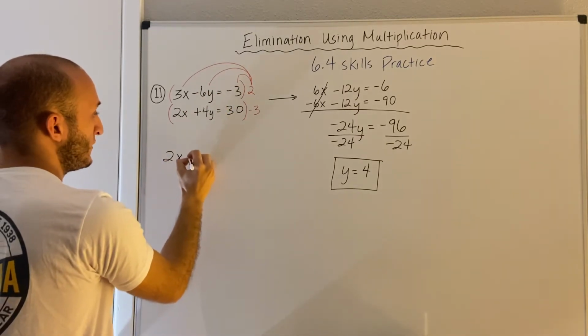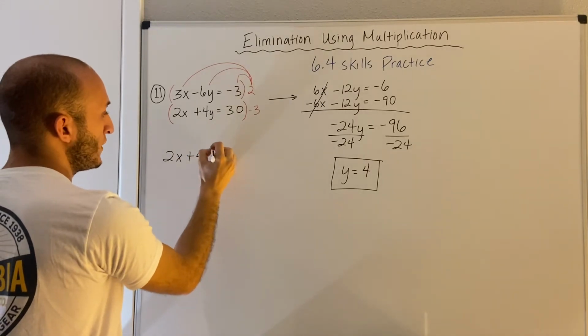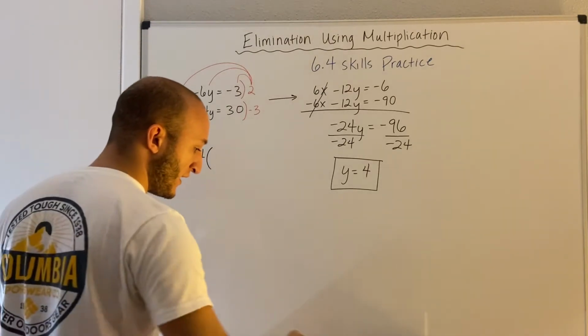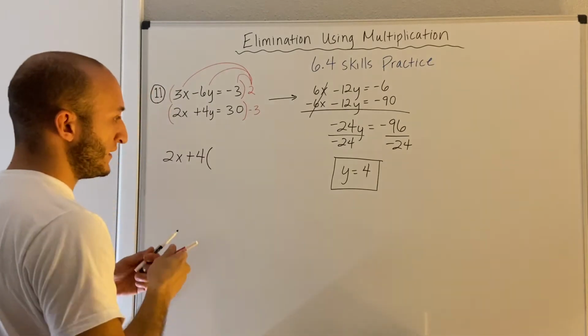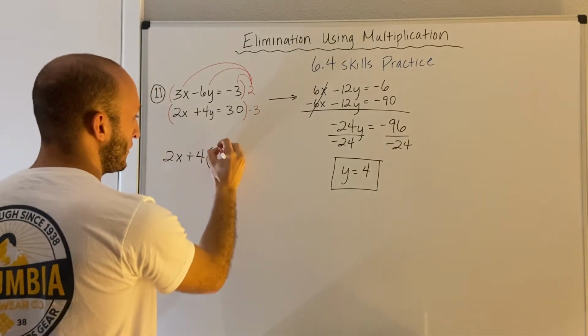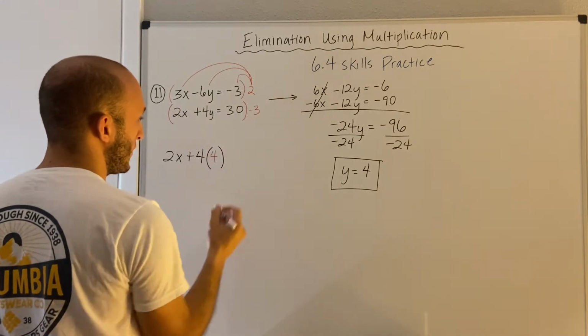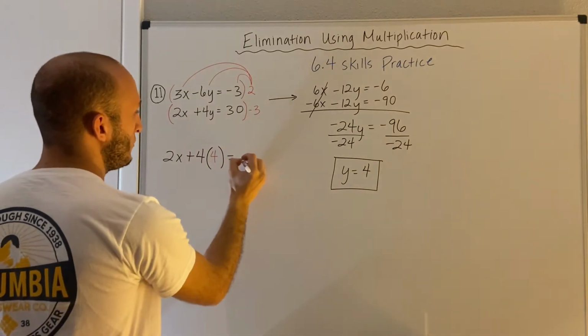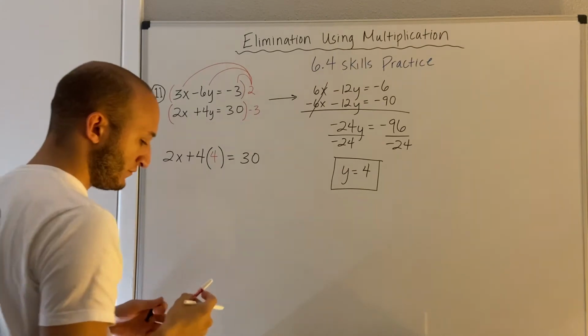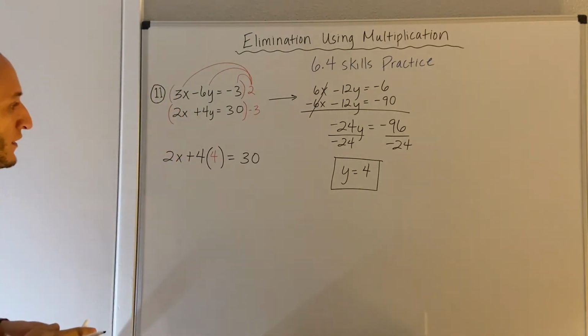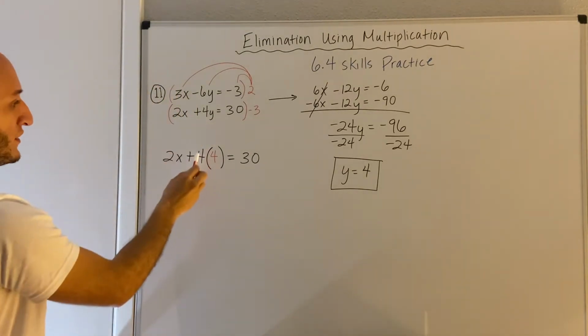So 2x plus 4 times whatever my y is. I'm gonna symbolize that with the red marker here. 4. Equals 30. Okay. So I rewrote this equation here.